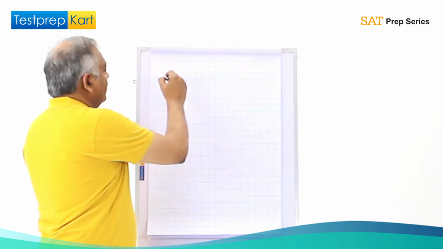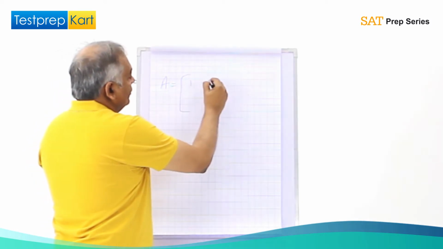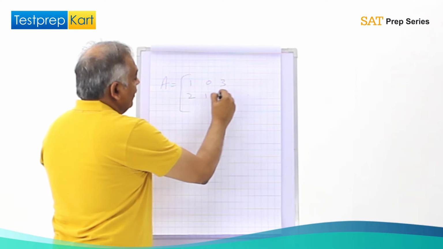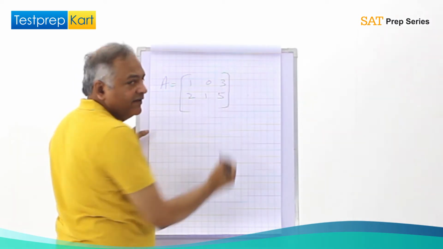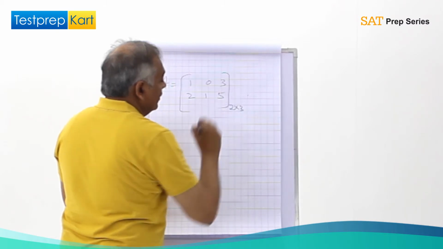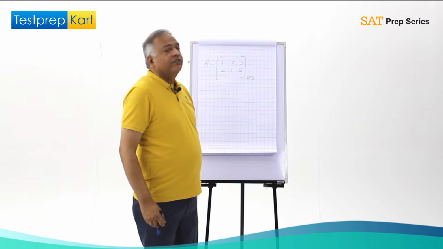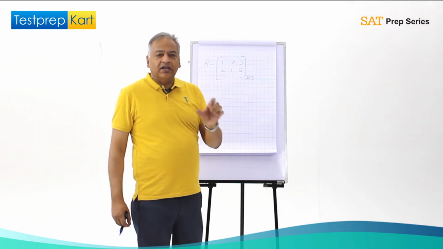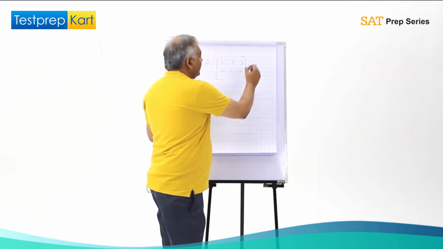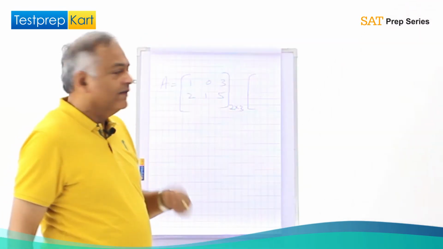That is to say, if I have a matrix A, let's say 1, 0, 3, 2, 1, 5, the order of this matrix, as I said earlier also, is 2 by 3. Now, if I want to multiply this matrix by another matrix, the second matrix should be of order 3 by something. That is, there should be 3 rows, then only I can multiply this matrix.